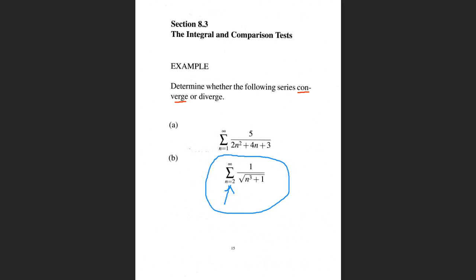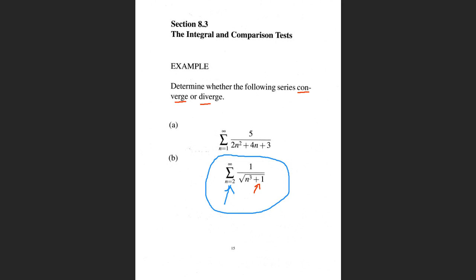Yes, Taj, the square root definitely makes the series a little more, let's say, interesting. And also don't forget we have a +1 there under the square root. Notice too that all the terms of the series are positive.